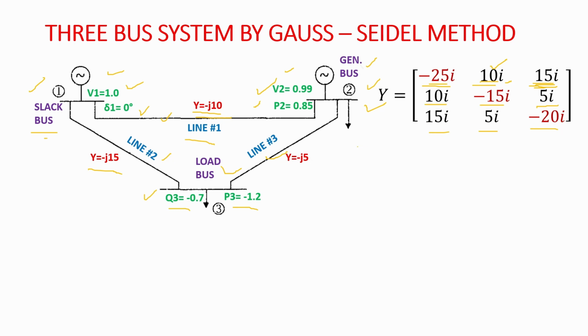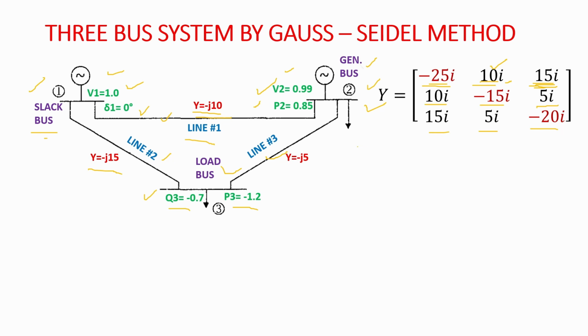Y11 is the self-admittance and it is the sum of the mutual admittances, negative 10I plus negative 15I, which is equal to negative 25I.